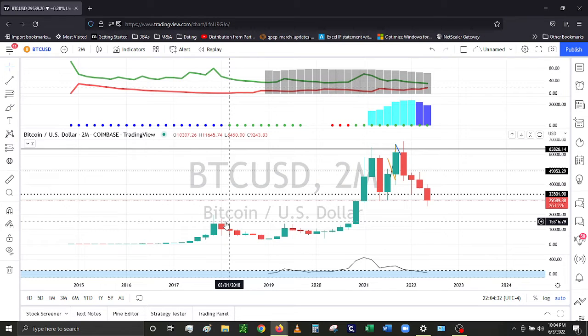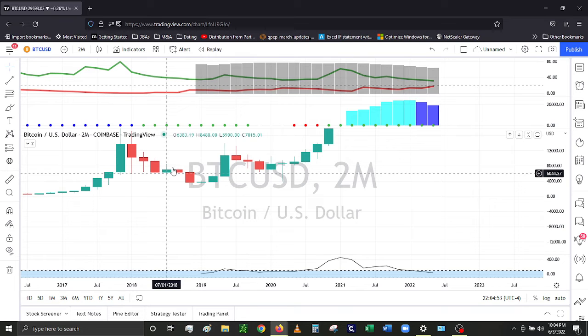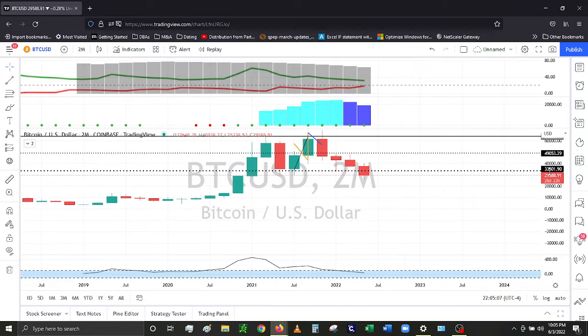This is a correction, A, B, C, right? And then it kind of starts over. 1, 2, 3, a massive 3 wave, which is totally textbook Elliott wave. Then you've got a 4 and then a finish with a 5, and now you're on a corrective.